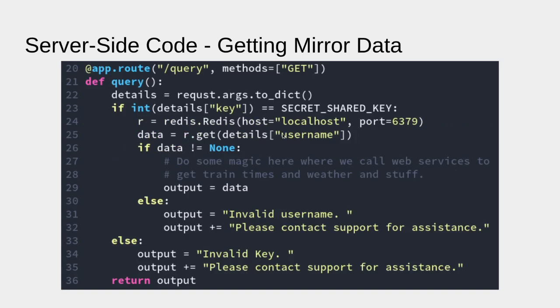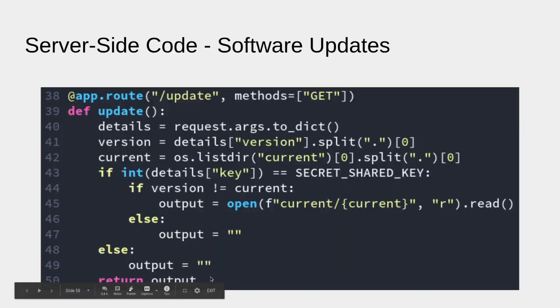On the server side, I'm basically receiving your request to get mirror data. I'm checking to see that you have the same key as everybody else. And whatever username you sent me, I'm going to grab all their data and shoot it back to you. That's how it works. I realized I also had to add a software update feature because software updates are cool.